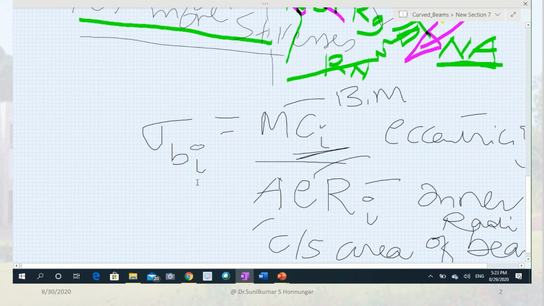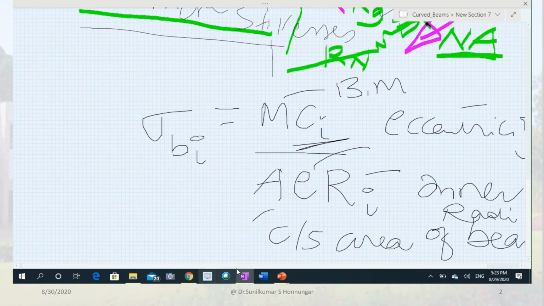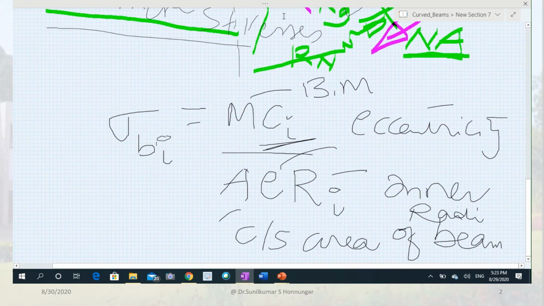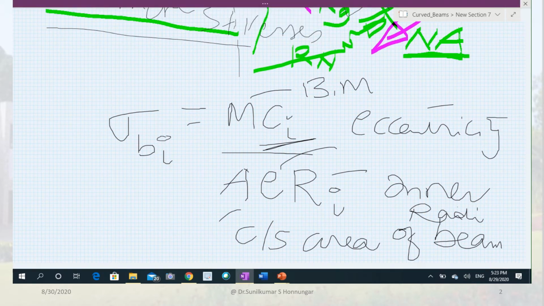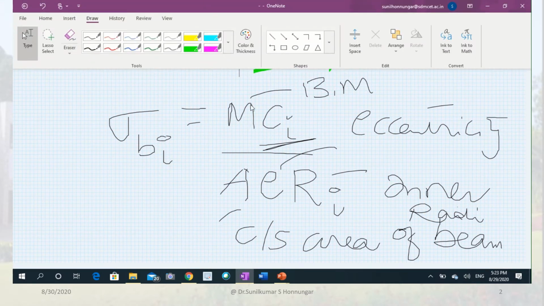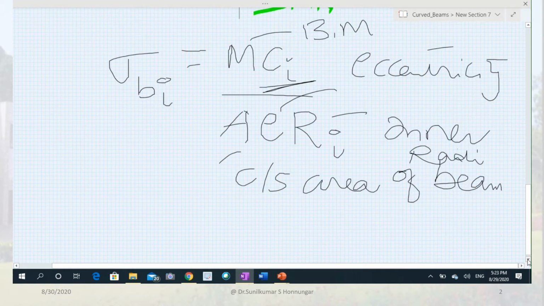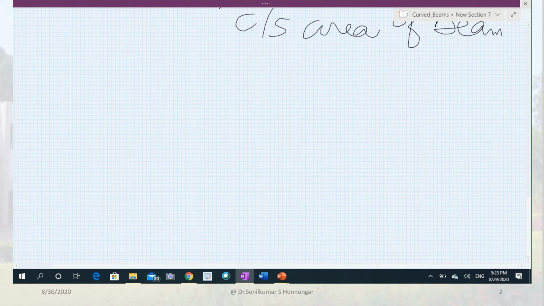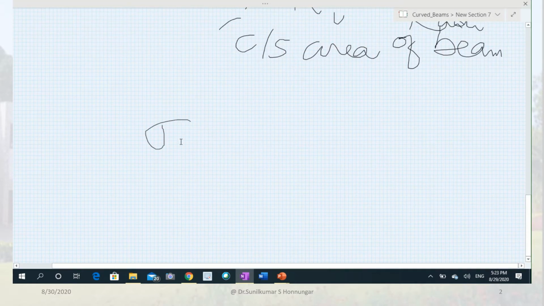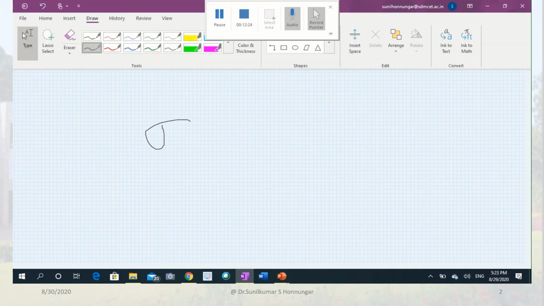And similarly, you have one more expression for the outer fiber. I'll write that: sigma bo.